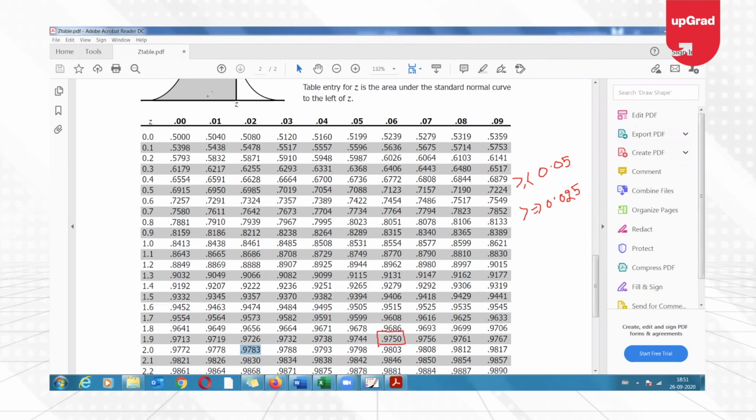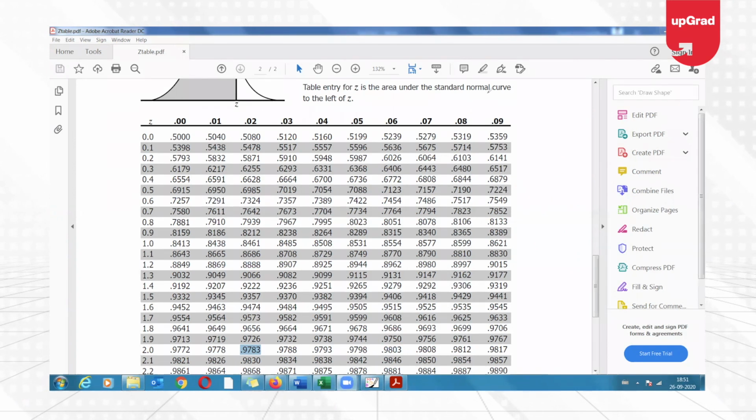If I have to get a p-value of 0.025, then I have to cut at this point, which means 1.96 is my cutoff. If my z-score goes beyond 1.96, then I can reject the null hypothesis.